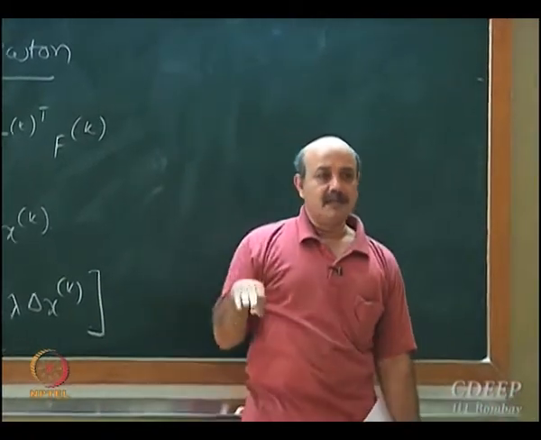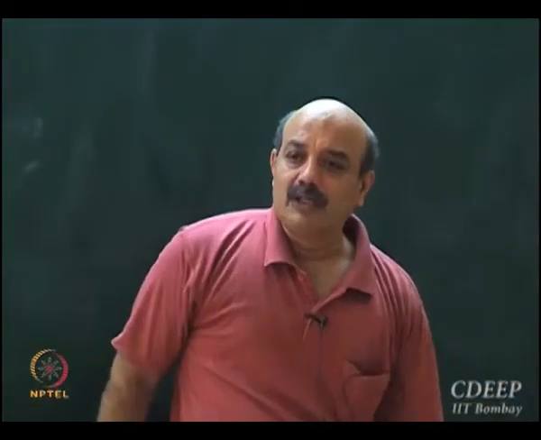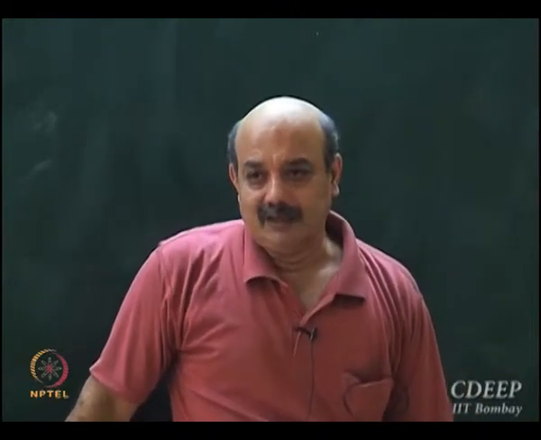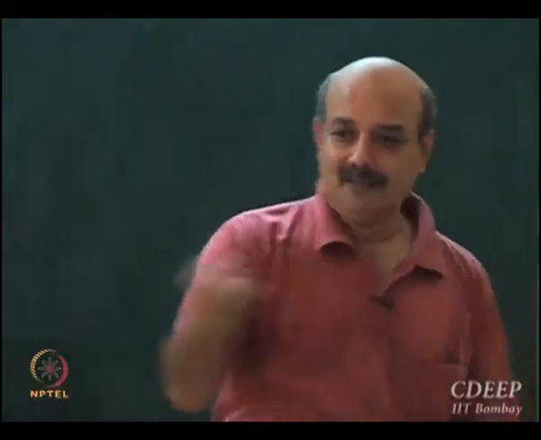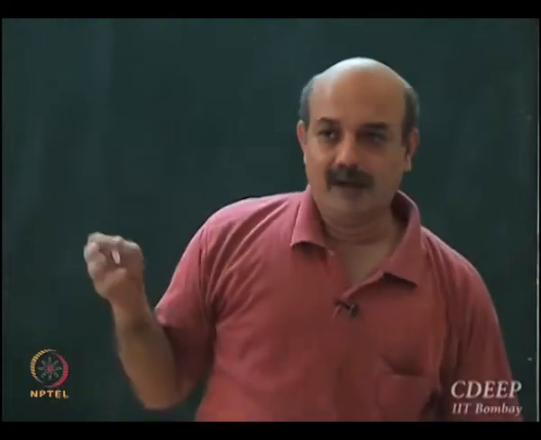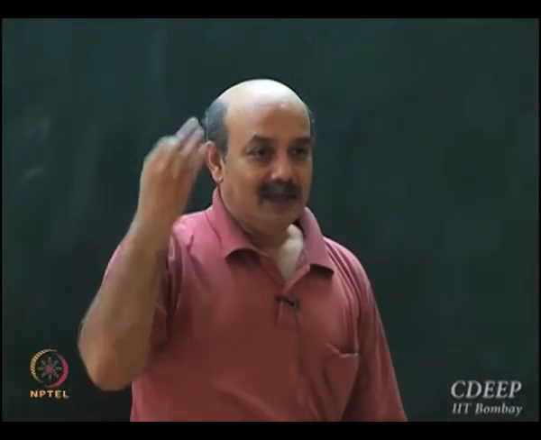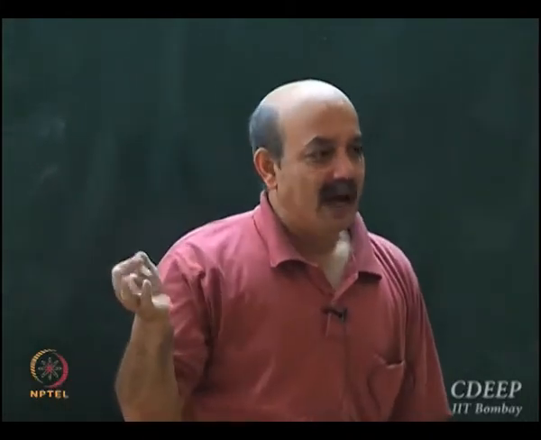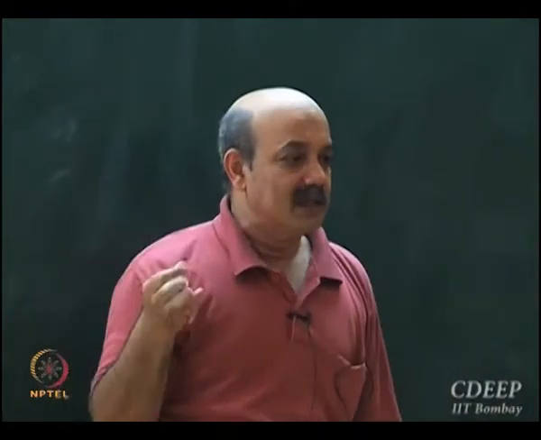What is the trouble? You have to compute an n cross n matrix. In Newton's method, how did we get over this problem? We got over it using the Broyden update. We used rank 1 updates, and we had a way of updating the Jacobian, just like a difference equation, and then we used the updated value of the Jacobian rather than actually computing it.